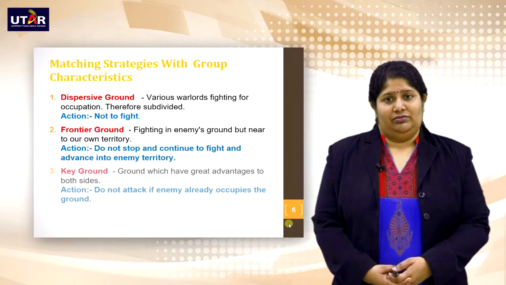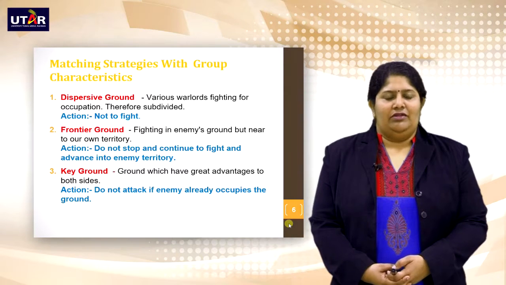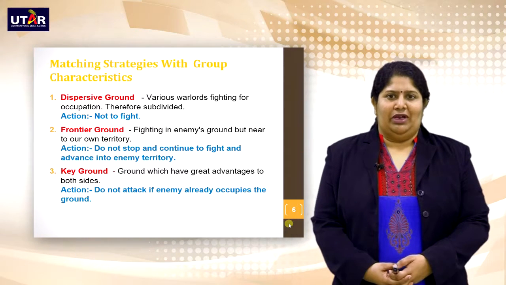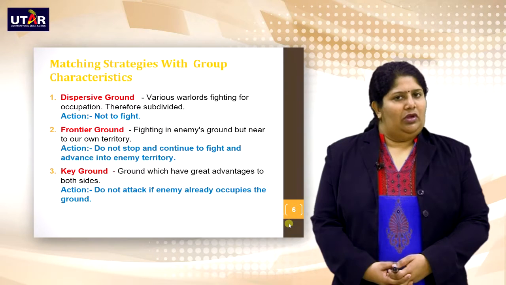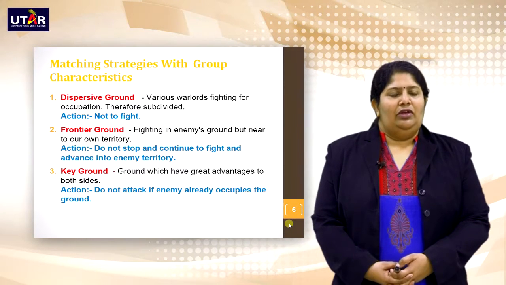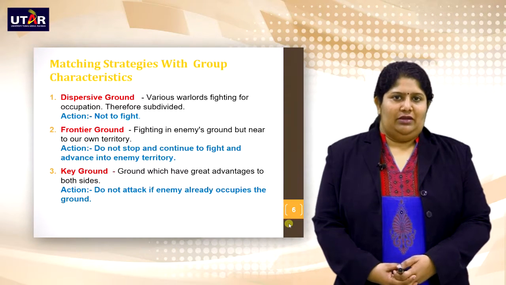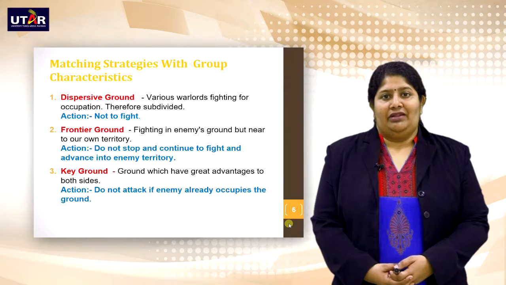Key ground. This ground gives a great advantage to both parties. So, the action? It is advisable not to advance to this ground if the enemy has already occupied it.